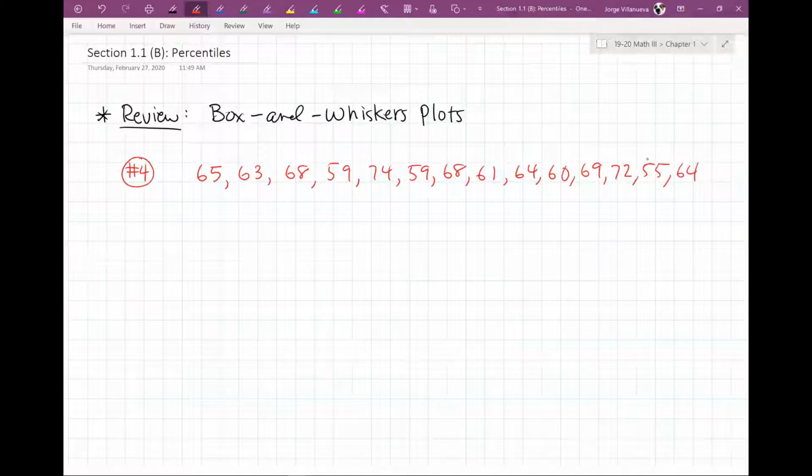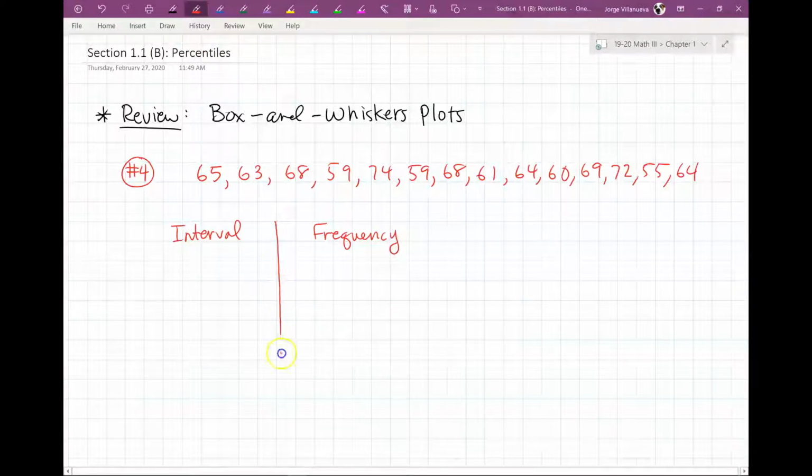So here we go. For part A, they say complete the table. So let me write down this table really quick. So we have interval, and then we have frequency. Oh, that's a weird looking Y. So the intervals they gave us was 55 to 58, I'm guessing inches, right?